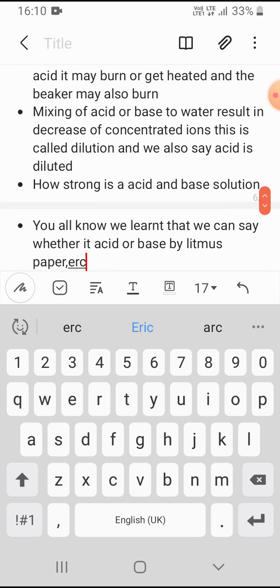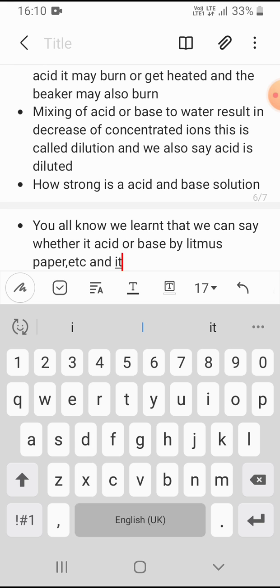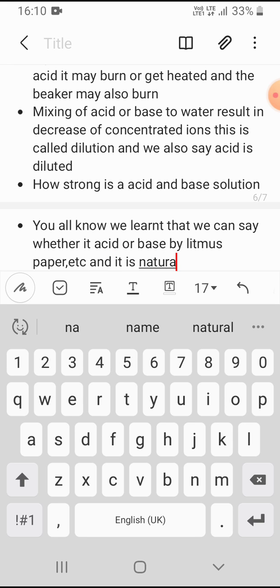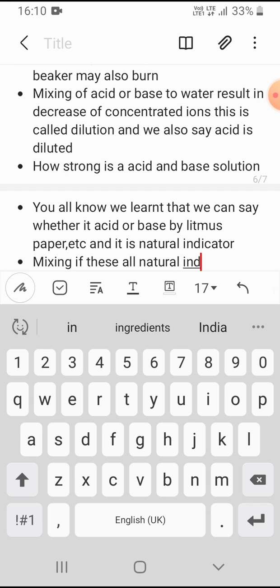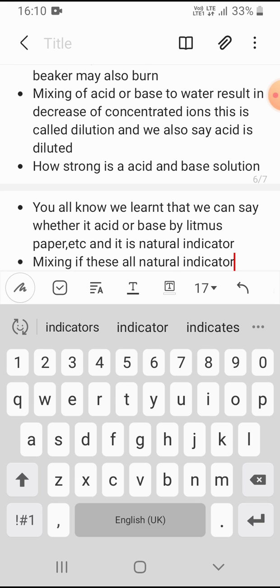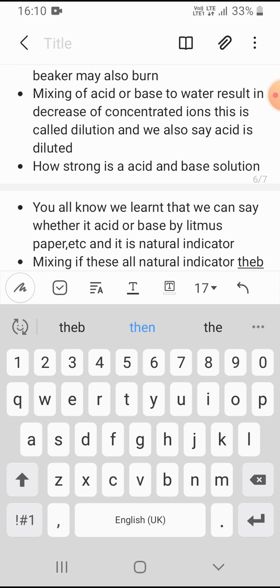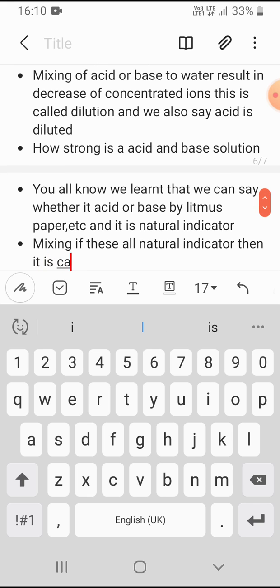I said it is a natural indicator. When all these natural indicators are mixed, it is called a universal indicator.